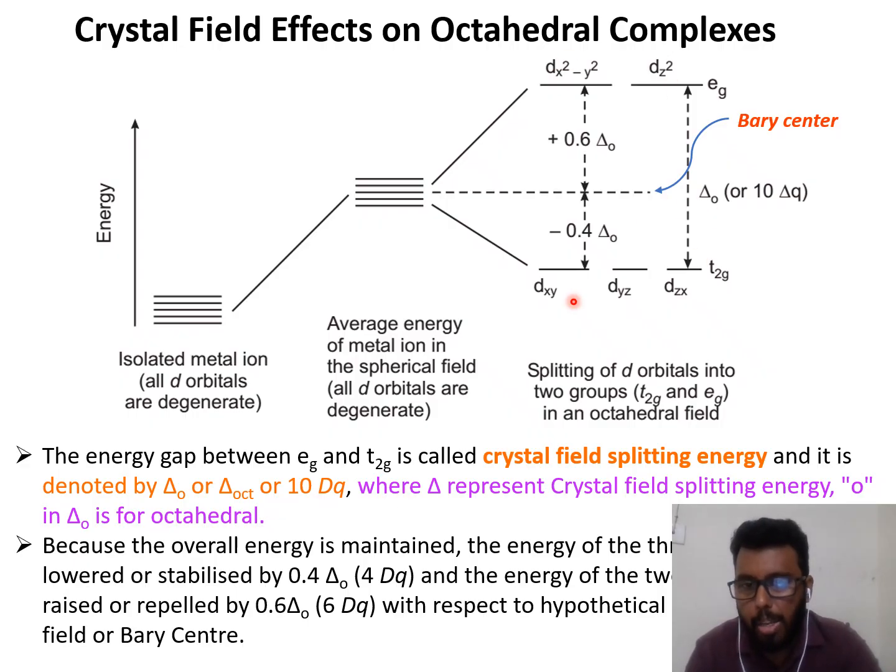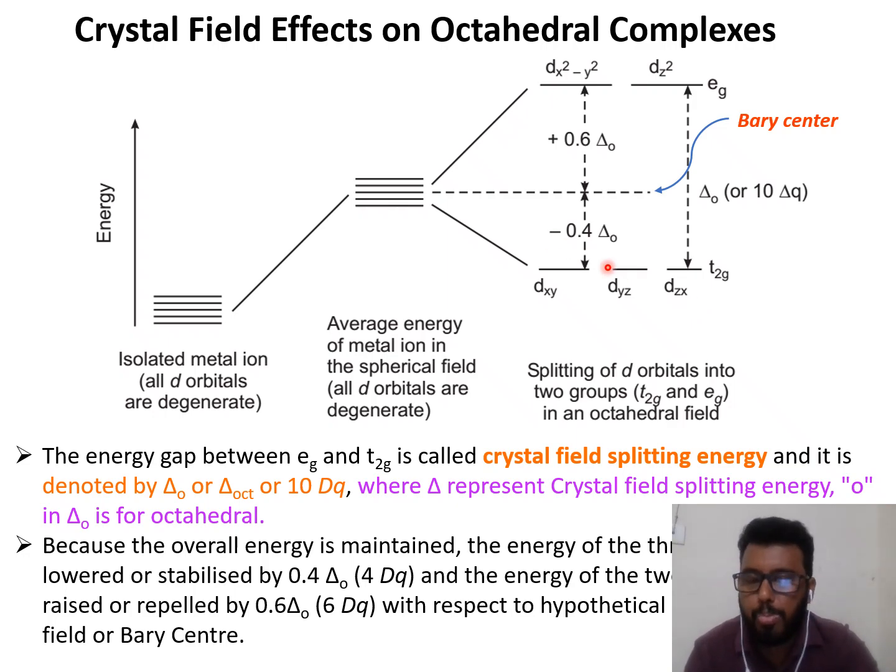The total energy value for this is 10 Dq, where delta represents the crystal field splitting energy and O represents octahedral. When representing tetrahedral, you put delta T. So that O or T symbolizes whether the complex is octahedral or tetrahedral. Since the overall energy is maintained, the energy of the three orbitals is stabilized or lowered, and the value is 4 Dq.